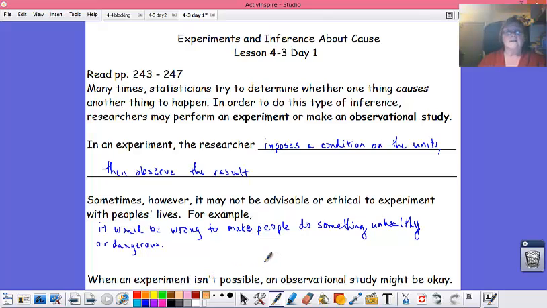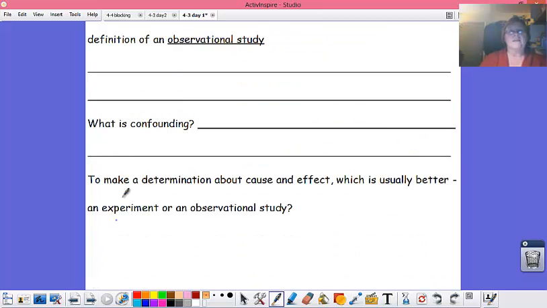So if it's not possible to do an experiment, an observational study might be your ticket, okay? So let's talk a little bit about what an observational study is. By definition, no conditions are imposed, but you select subjects or units that already have your condition.